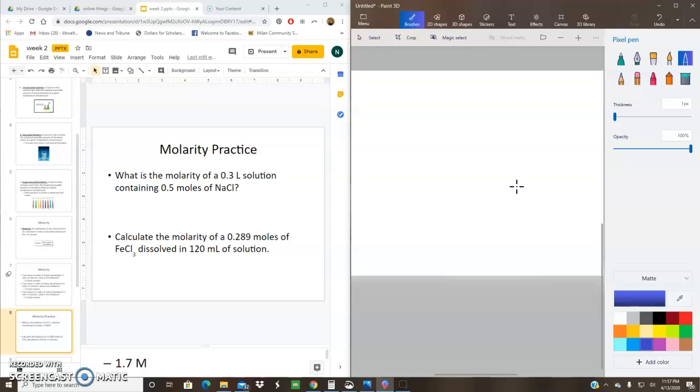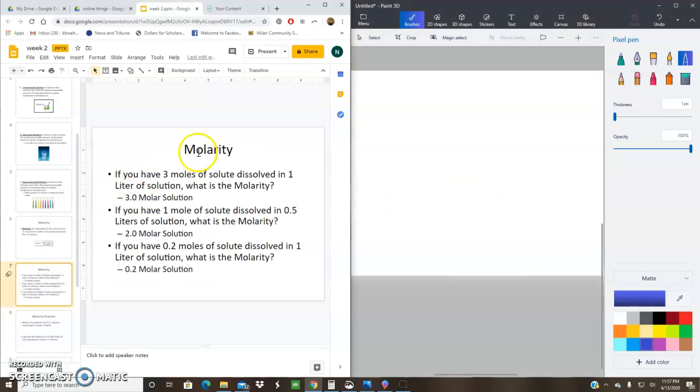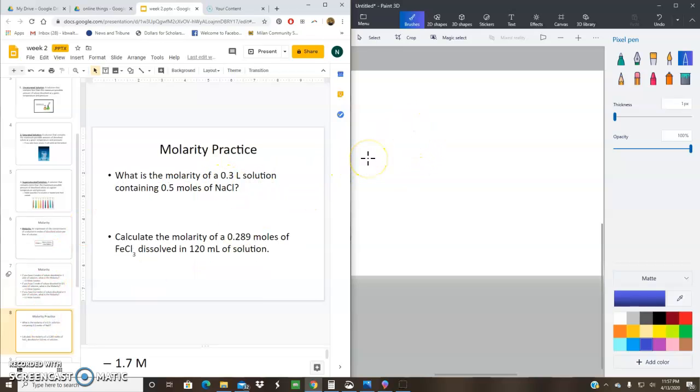Our first question: what is the molarity of a 0.3 liter solution containing 0.5 moles of NaCl? Now I want you to notice that this is not any different than the ones we just did. Nothing is different. We just put a little bit more stuff in there.